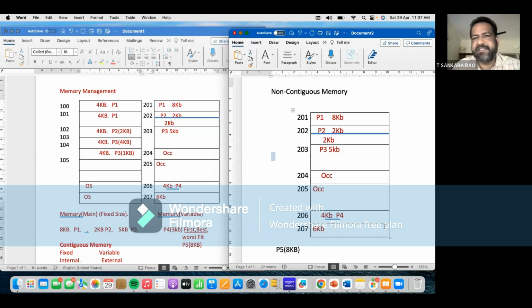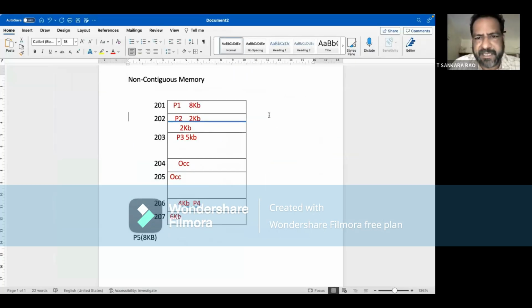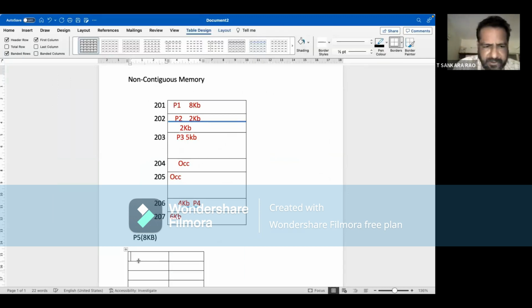So we take one more table, an index table, alongside the main memory. The index for P5 says where it is available: some part is at 202 and another part is at 207.